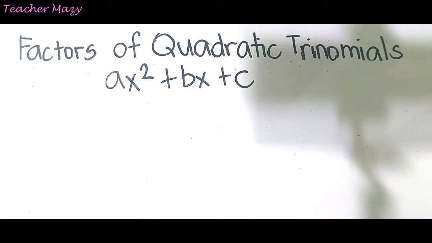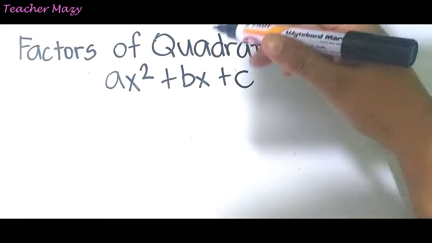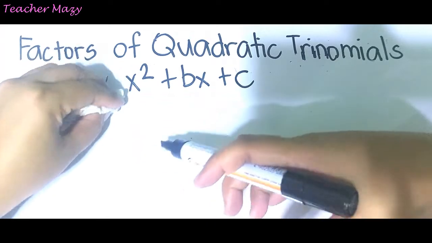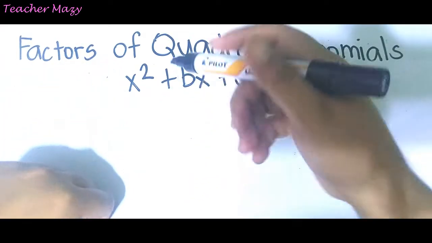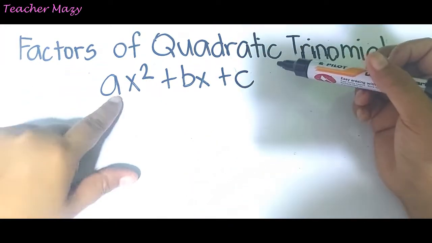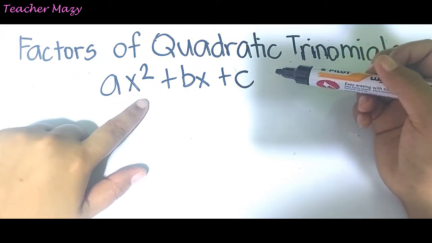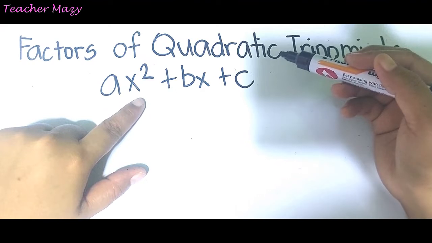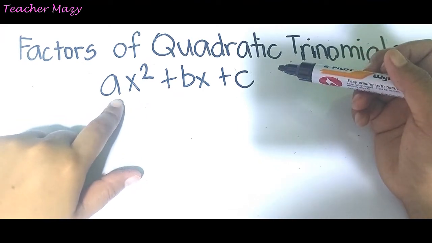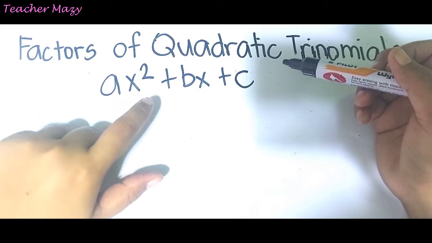If you watched the first video about this topic, we had the other form, x squared plus bx plus c. But this time, in this form, the numerical coefficient of the first term is greater than 1, so it can be 2 or more.